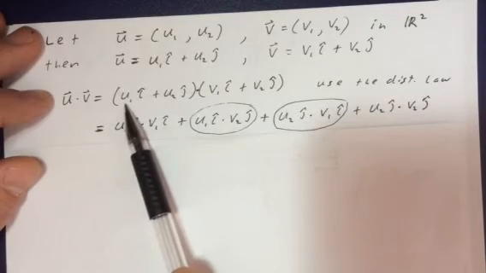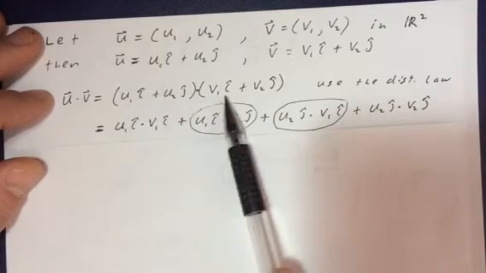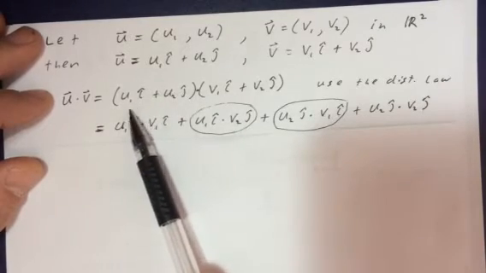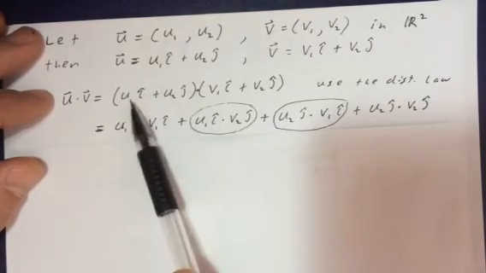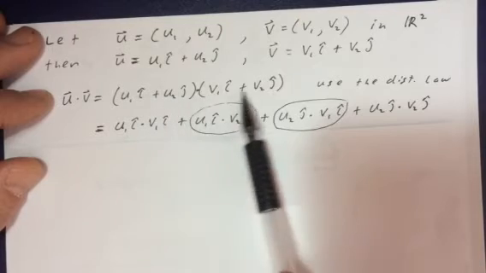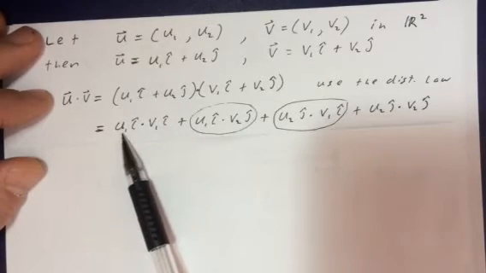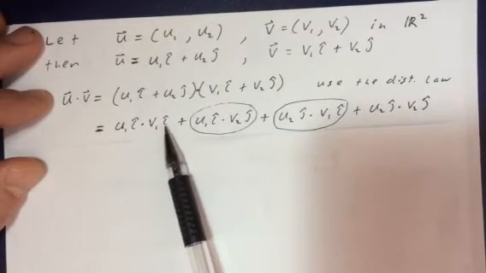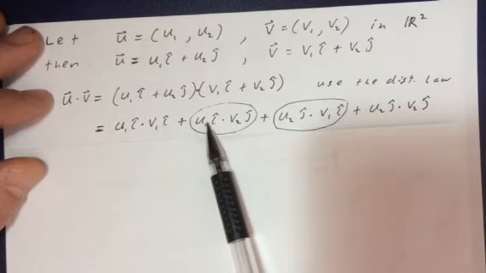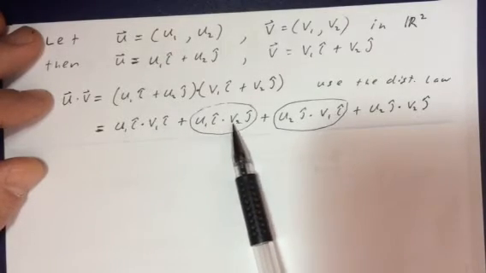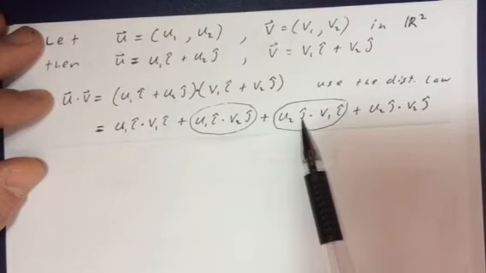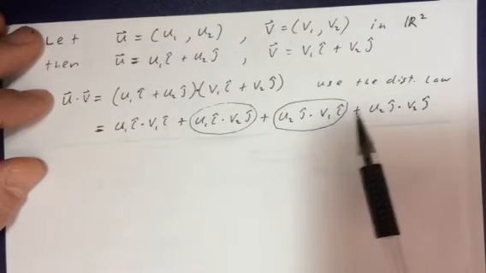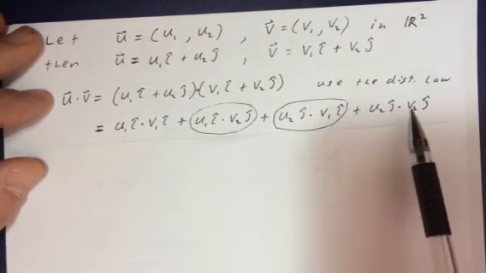So we're going to distribute, which we call FOIL: first, outside, inside, last. So u1 i dot v1 i, plus u1 i dot v2 j, plus u2 j dot v1 i, and plus u2 j dot v2 j.